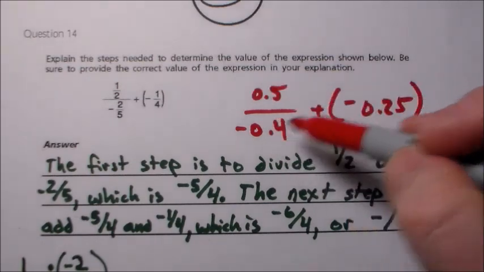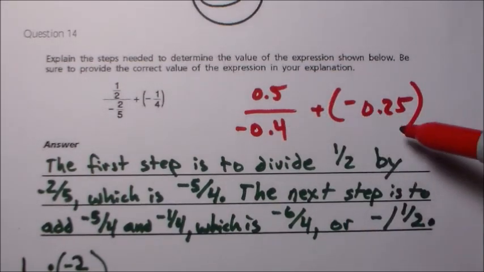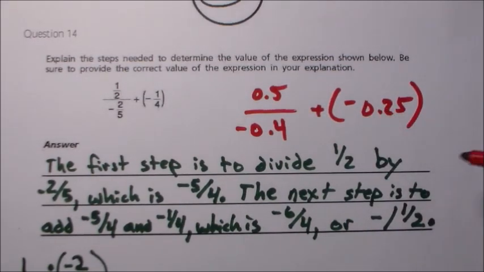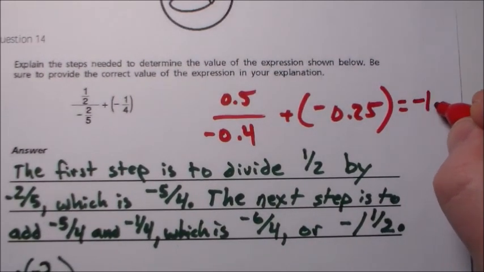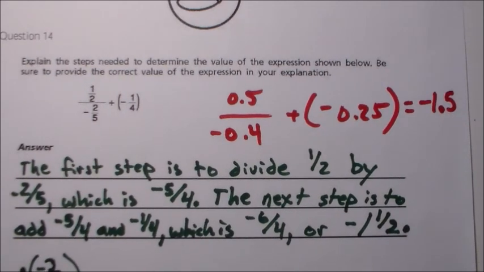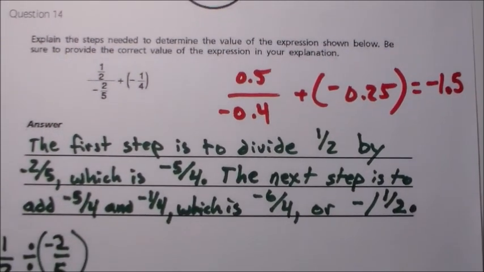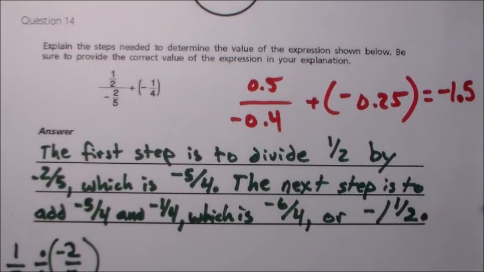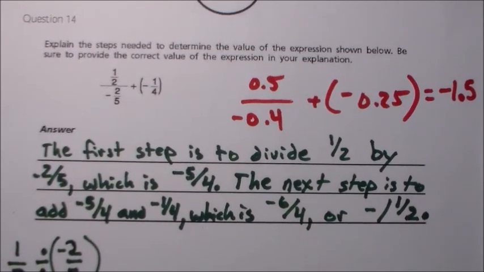Then I can do the division and the adding of the -1/4, and I'll get the same answer, which is -1.5. So whatever way you choose to do it, make sure you explain each step and make sure you get the right answer, and you will be good to go.